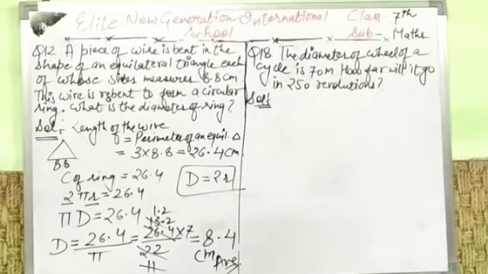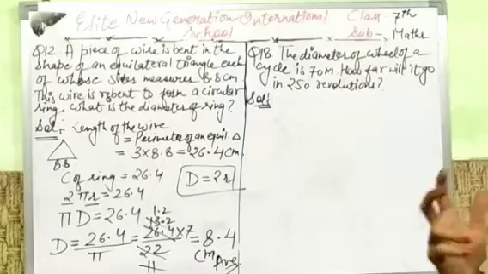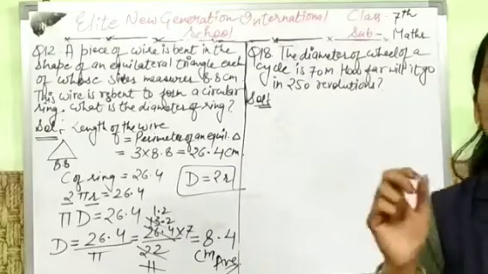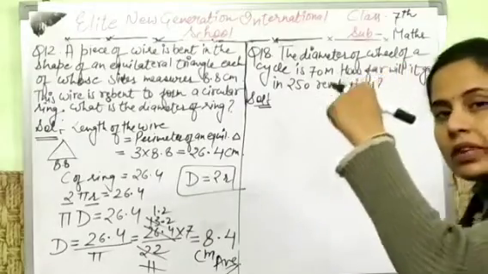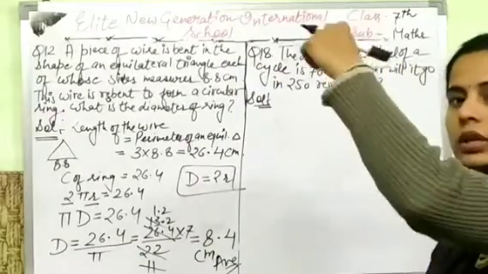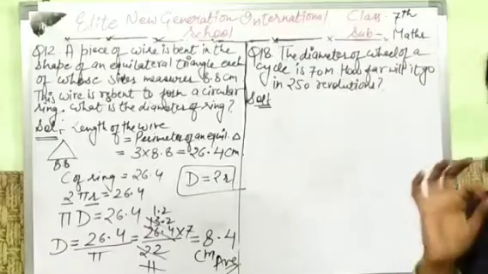Revolutions means here this wheel covers a distance. So we can also say that the distance covered by a wheel in one revolution is equal to 2 pi r.